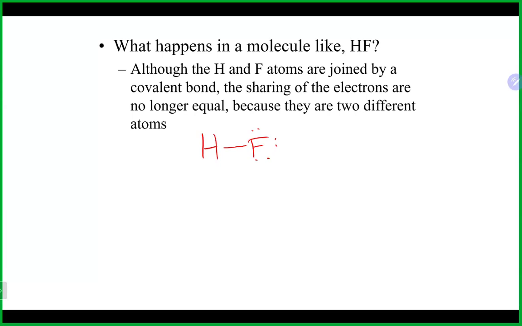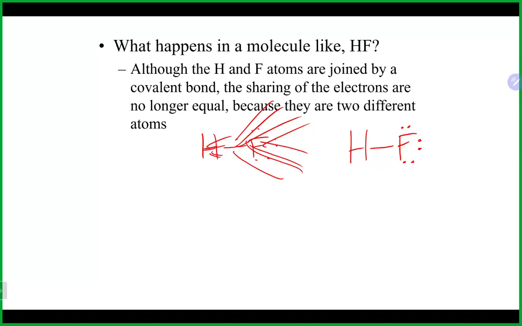So fluorine is going to be the one in the tug of war pulling a lot harder than the hydrogen, right? And that's going to end up causing, if these lines represent the electrons hanging out, a lot more of the electrons hanging out towards the fluorine side than the hydrogen side. And if the electrons are hanging out more towards the fluorine side, would the fluorine side be more positive or more negative?